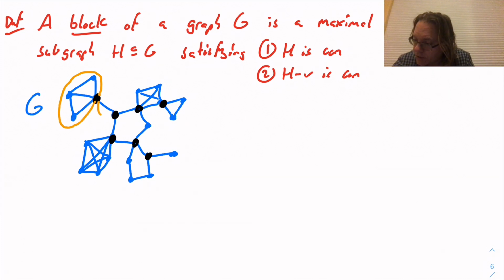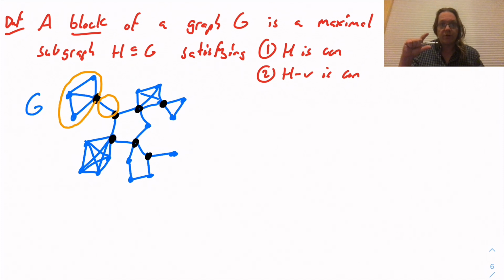This edge here, together with its two ends, is another block of G. So that edge, I'm just talking about this 2-vertex graph. That 2-vertex graph still satisfies properties 1 and 2. It's just an edge. It's K2.